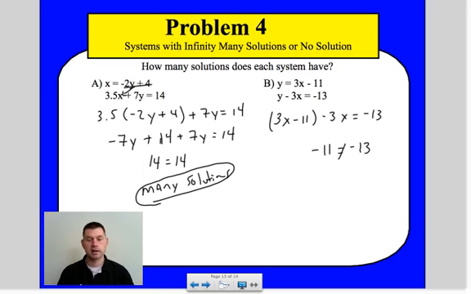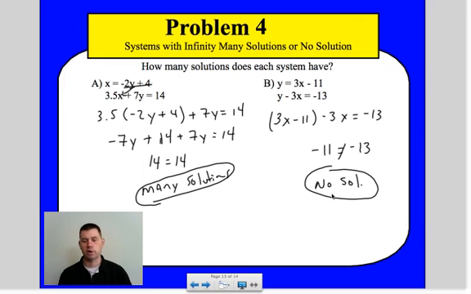Because negative 11 does not equal negative 13, this would be a no solution. Anytime you get something like 2 equals 7 or negative 5 equals 8, it doesn't work, so it's a no solution. True statements are many solutions, false statements are no solution.